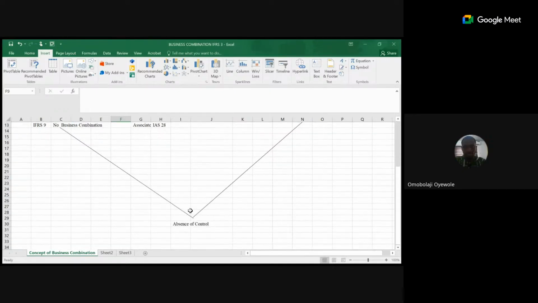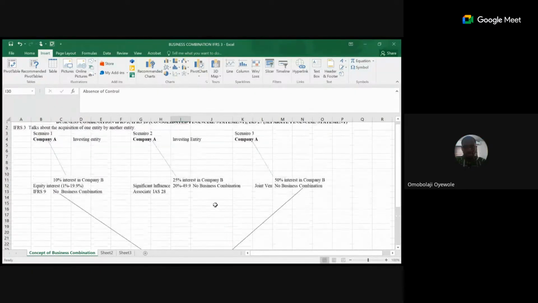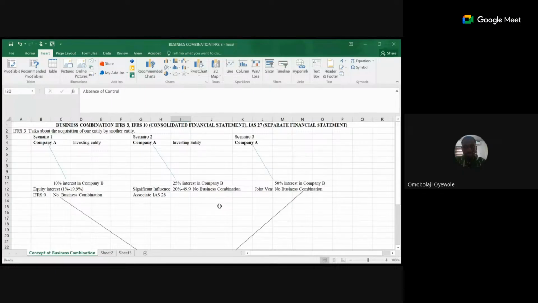Now, the reason why there is no business combination in these three scenarios is very simple, and the reason is the absence of control. None of these investing entities has control over the other.